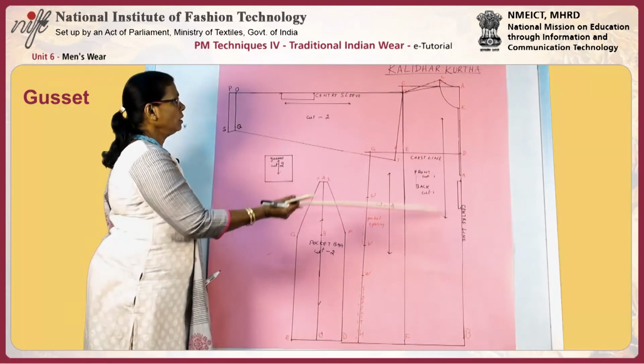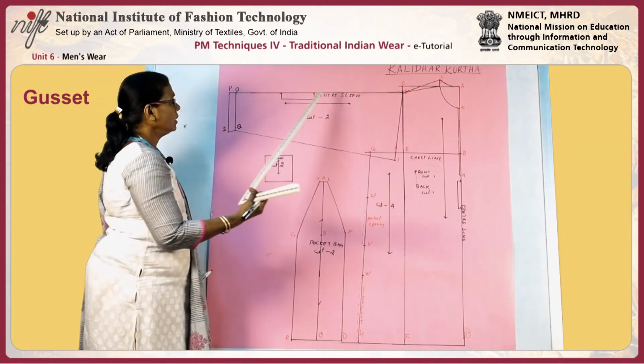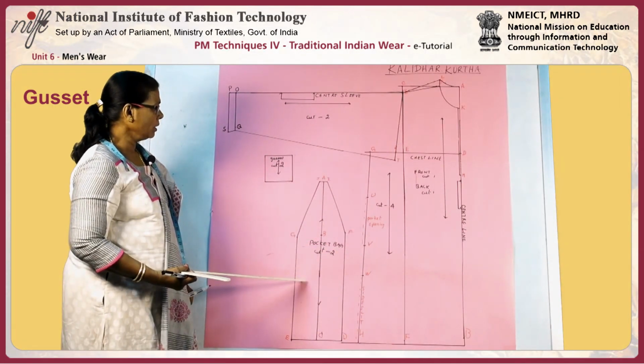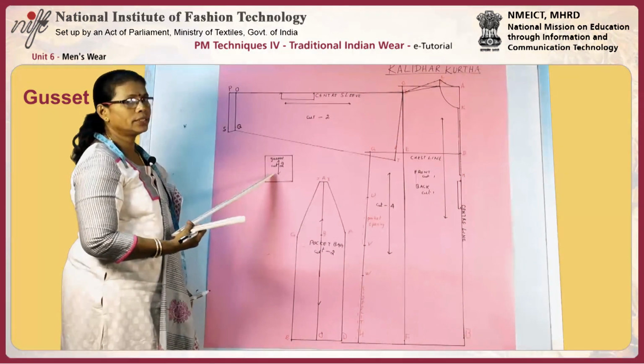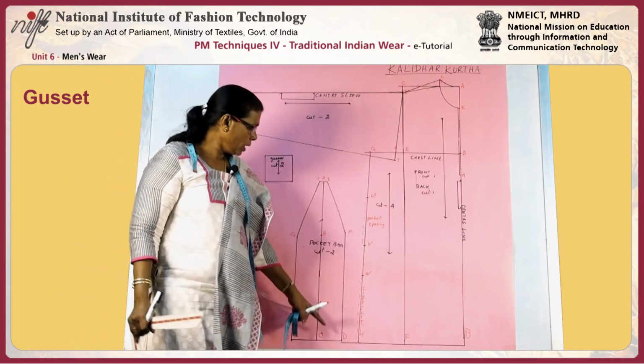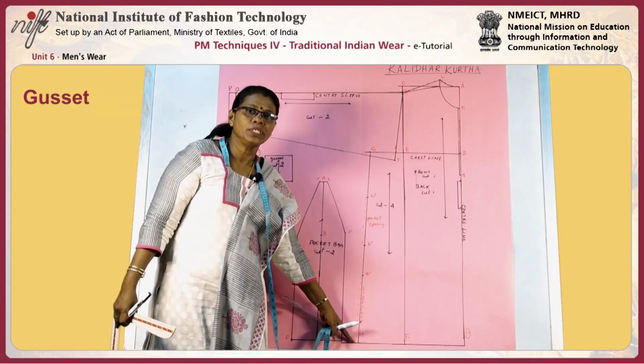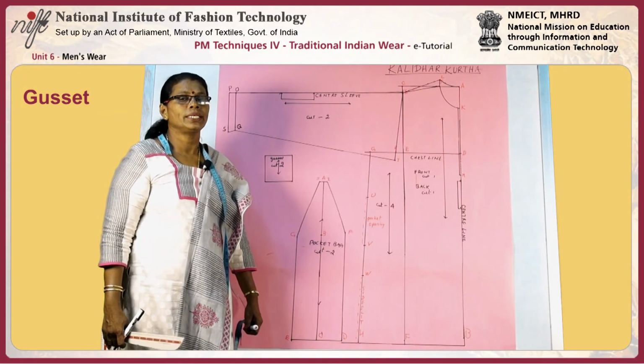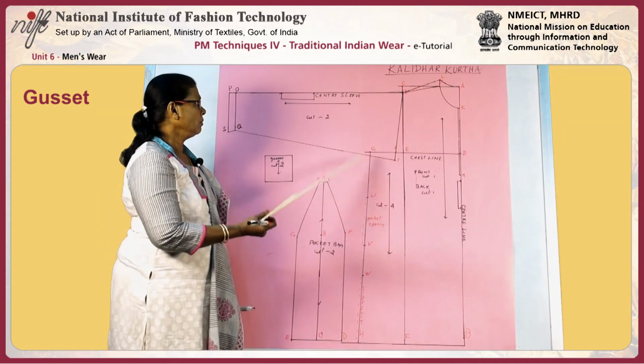Front on fold 1, back on fold 1, sleeve 2, side panel 2, and the pocket bag 2, and then gusset piece 2. The bottom hem can be finished with a narrow hem, and the seam allowance is being given as half an inch for each side.